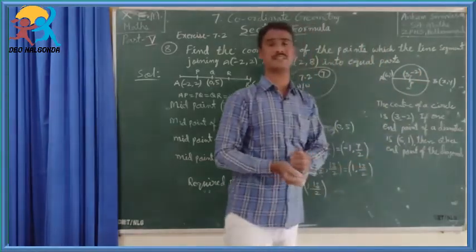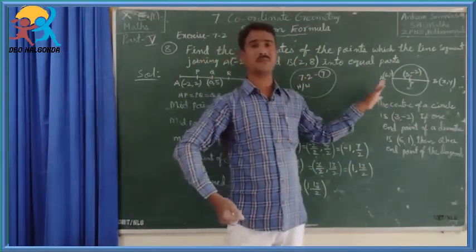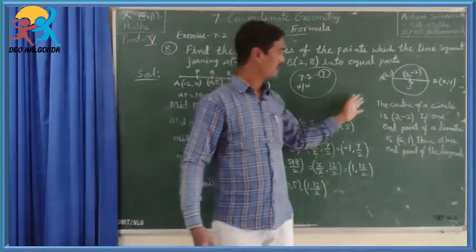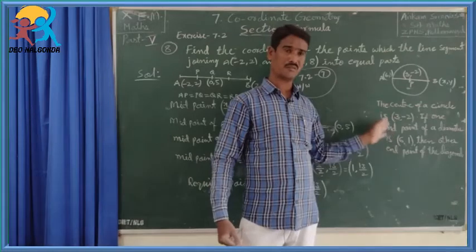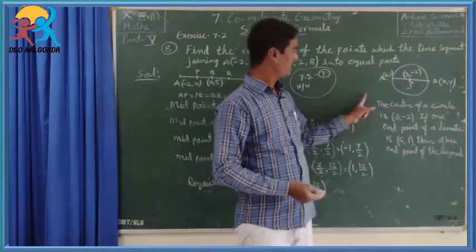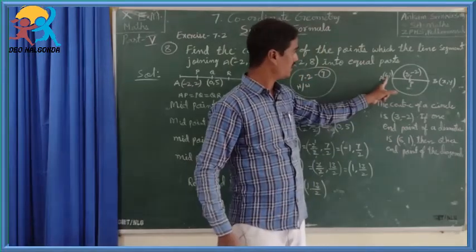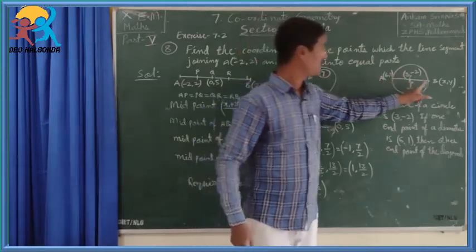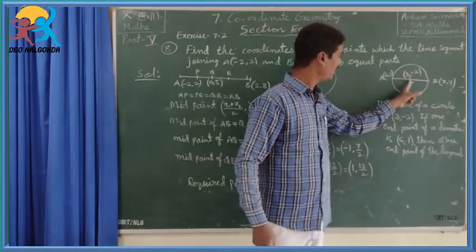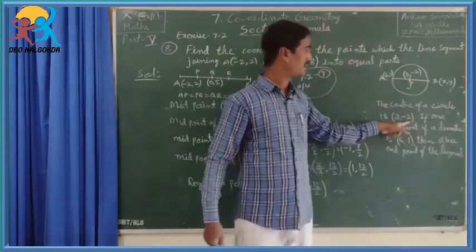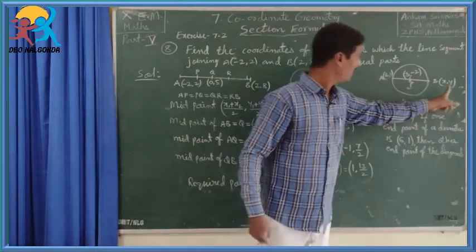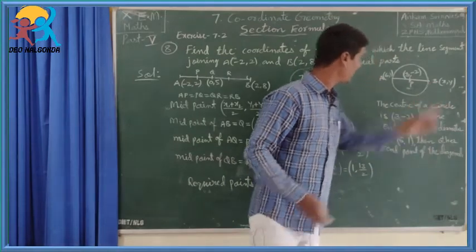This is very important in competition exams, APRJC, TSRJC, for 1 mark or half mark questions where you will get in examination. The midpoint, that means the center of the circle, is given as (3, -2). We have to find the other end of the diameter.